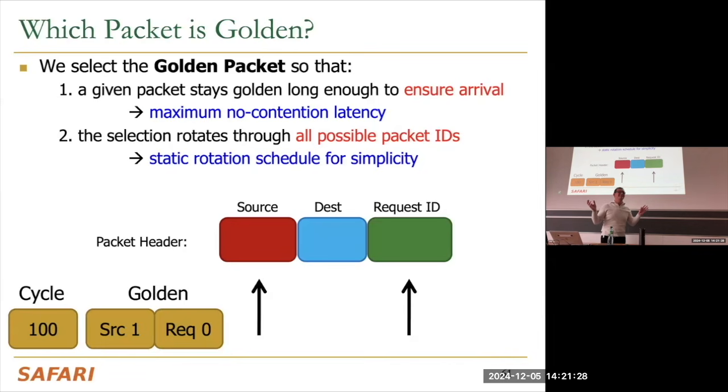We don't care, again. If it's golden, it will be golden. At cycle 200, source 2, hopefully you get the idea, right? So you have a static rotation schedule for every source and every request. Now, this gives you a bound on livelock freedom. Hopefully the worst-case bound is not good, but the average case is actually quite good. And you can read the paper for more detail. Okay.